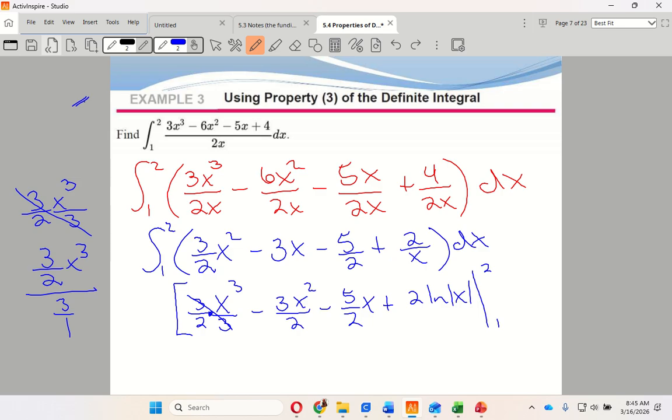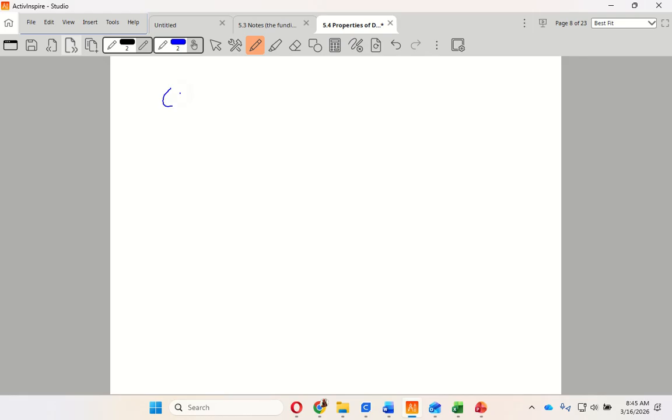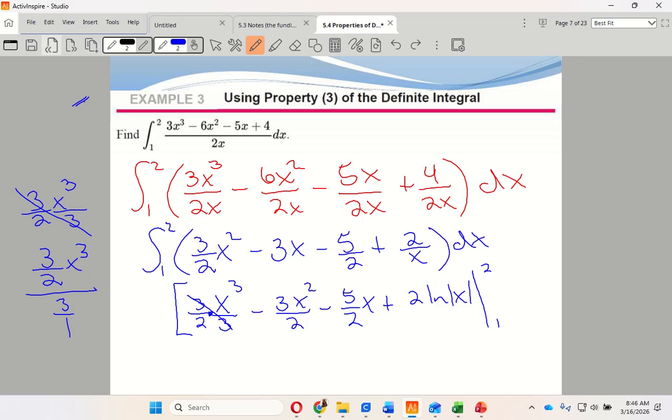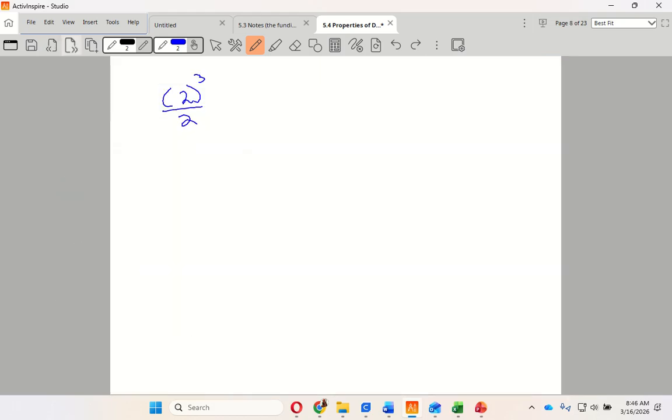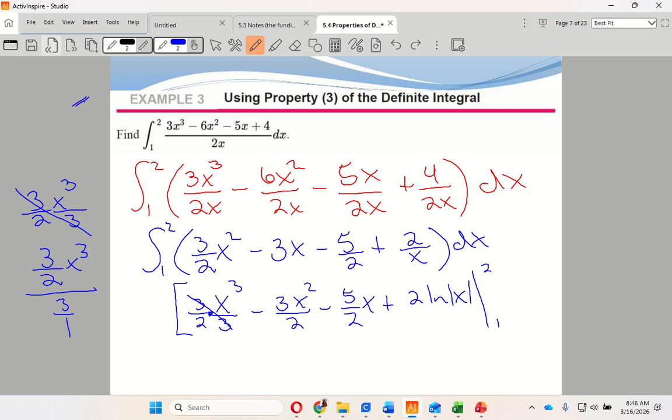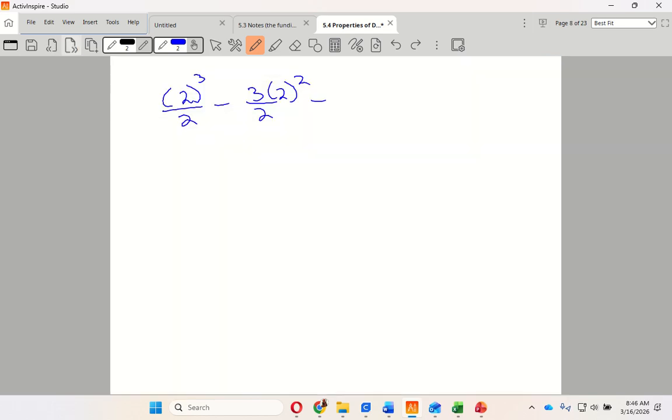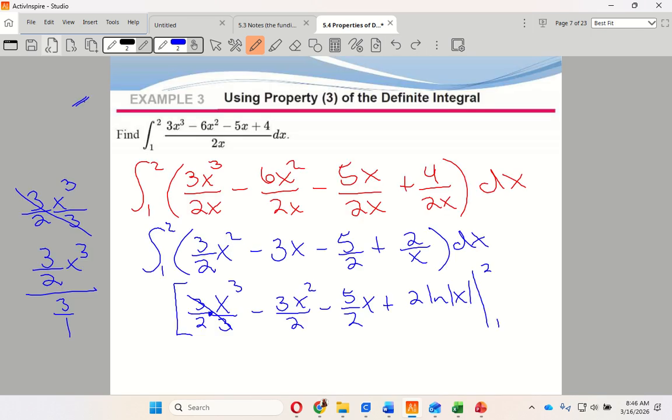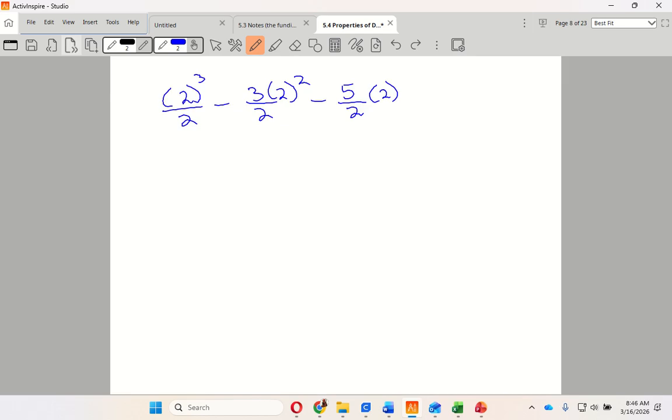So it's going to be x cubed over 2 minus 3 over 2 x squared minus 5 over 2 x plus 2 ln x.